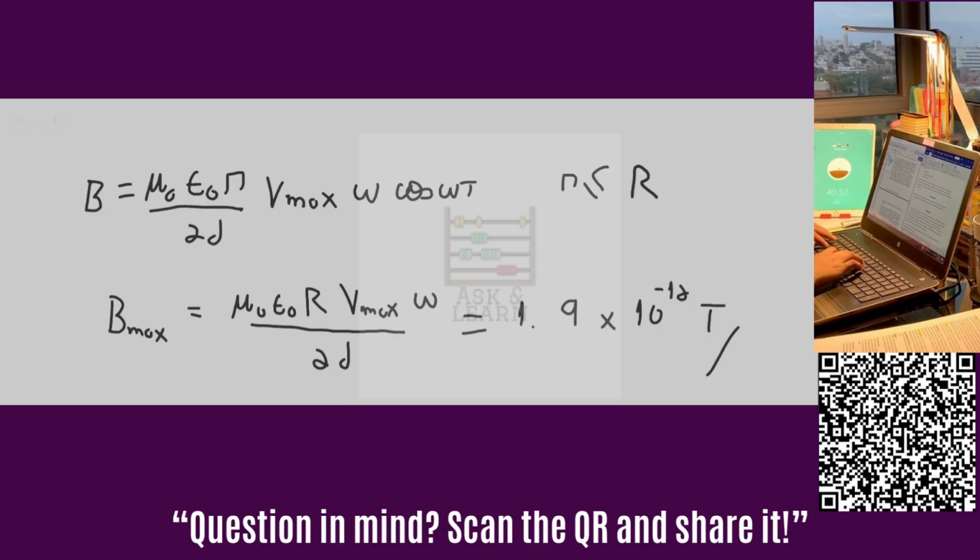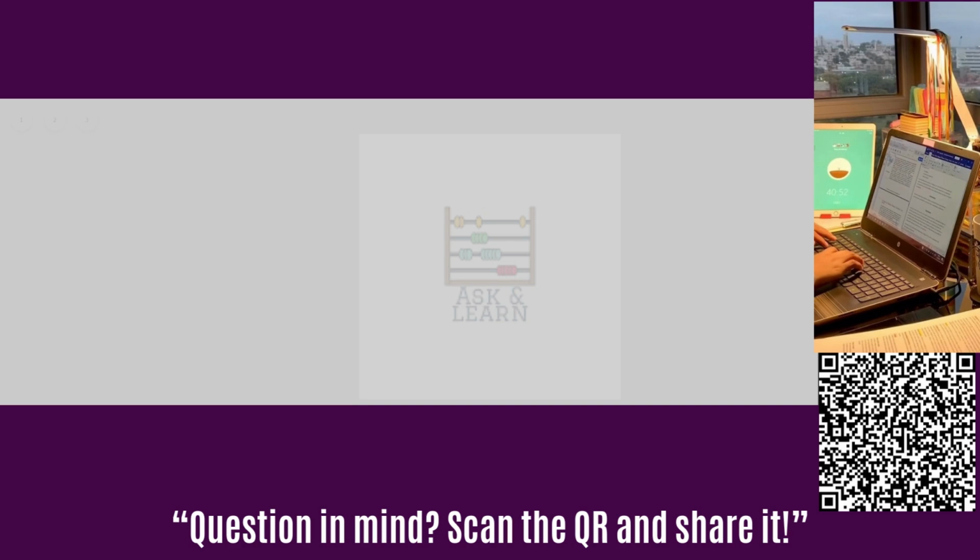We can find the expression for outside doing the same thing. So we have for outside B is equal to the B max is equal to mu 0 epsilon 0 R squared V max omega divided by 2 r d.